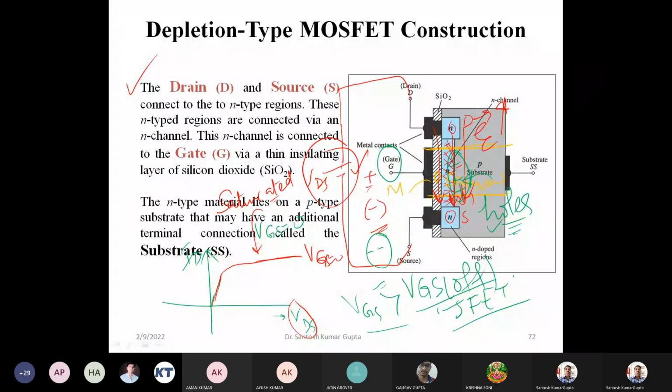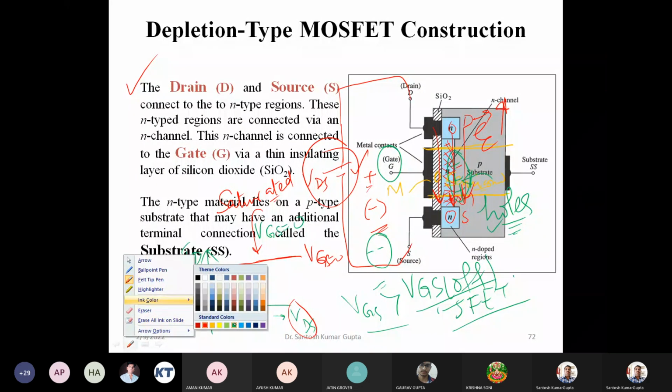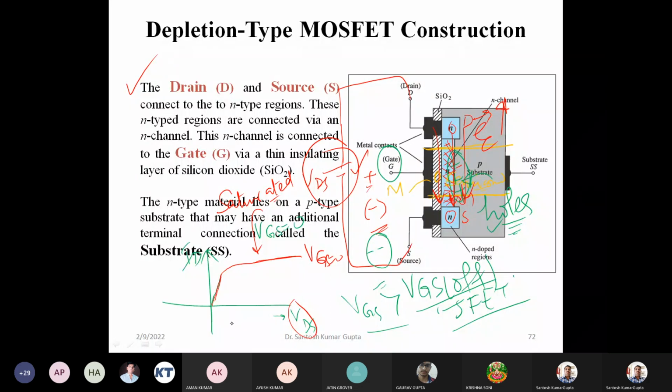If we apply a positive voltage more than this, what do we expect? A larger current to flow. On the other hand, this is VGS1 greater than this VGS0. If we apply a lesser voltage than 0, that is -1, -2, -3 volt, then our current will be smaller because the channel strength has decreased.